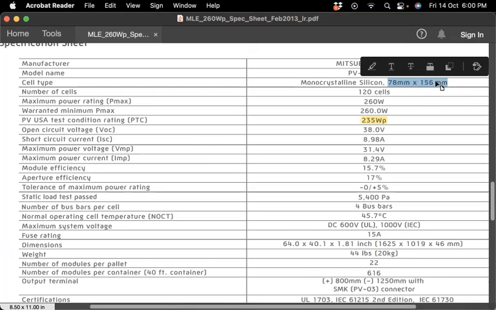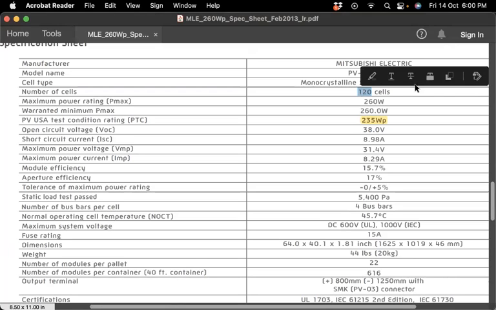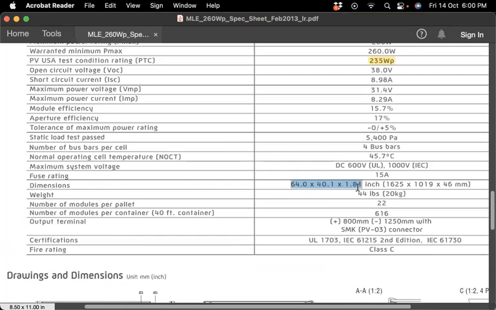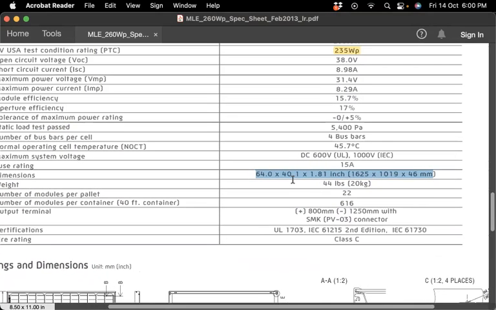This is the area for one cell. So to calculate the aperture area, you multiply 120, which is the number of cells, times this area. But this is the overall area of a module.